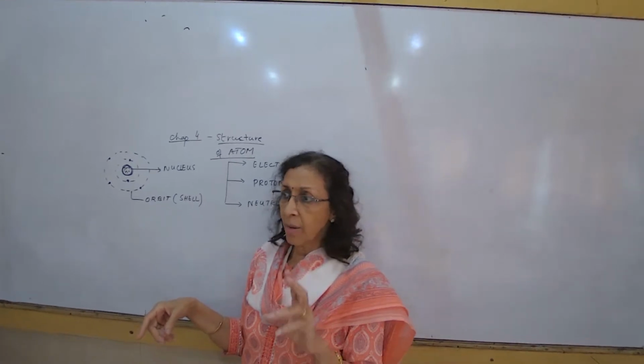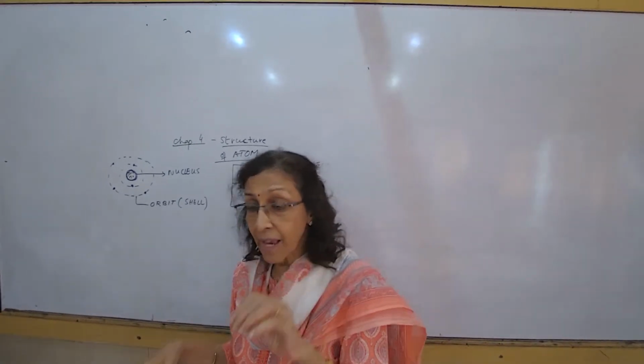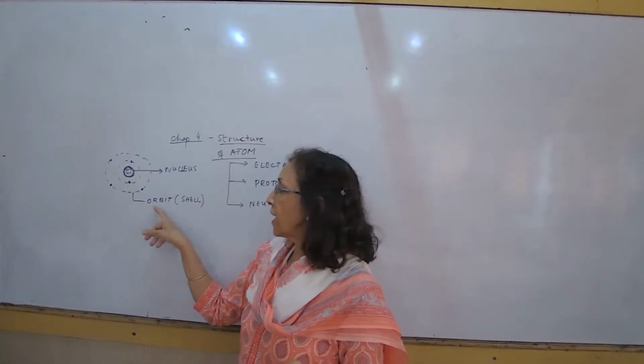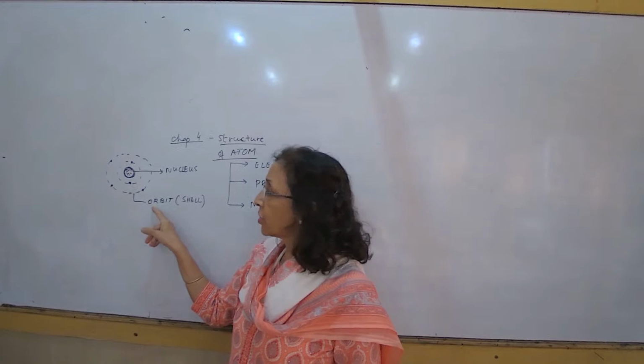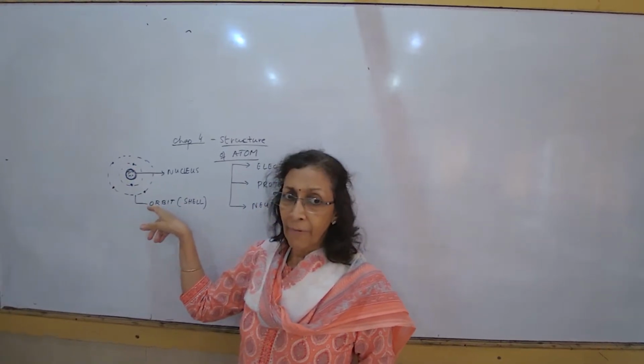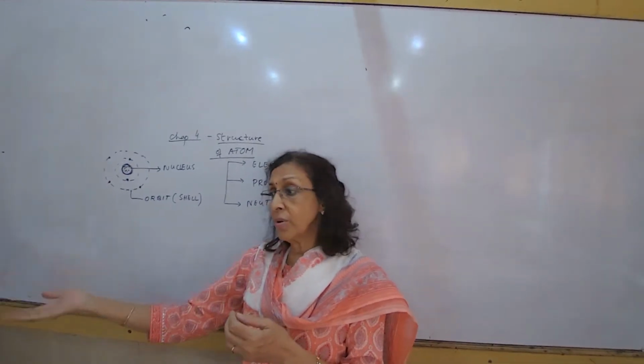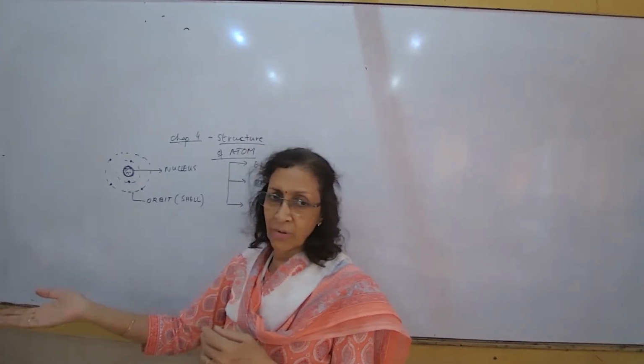Protons and neutrons are present inside the nucleus, whereas the electrons are present outside the nucleus. This is also known as extranuclear, which means present outside the nucleus.